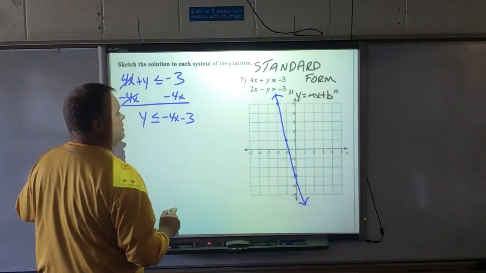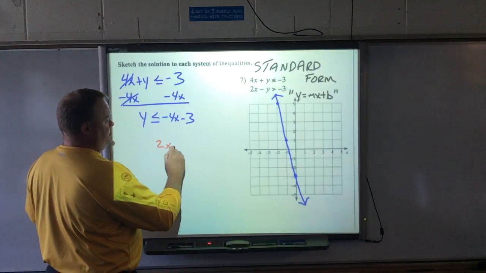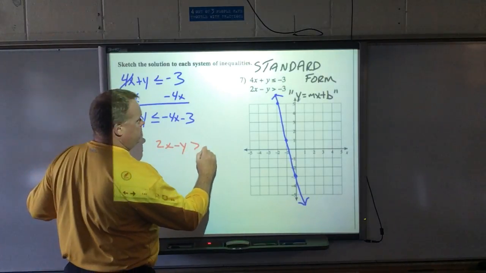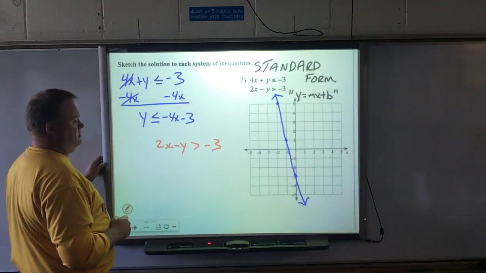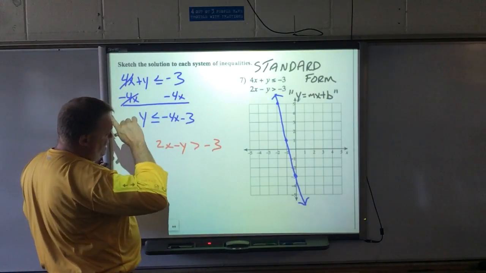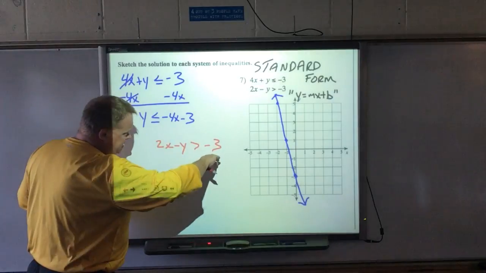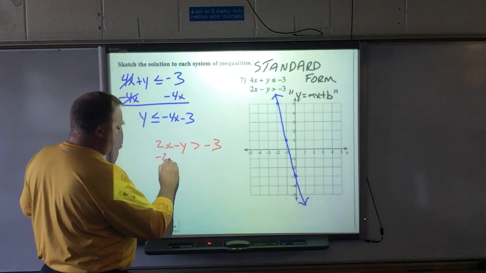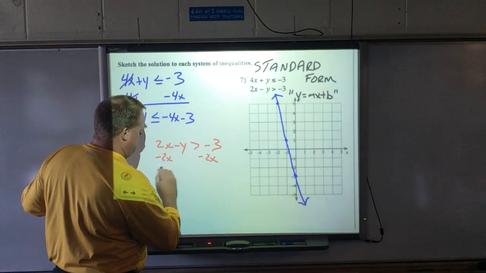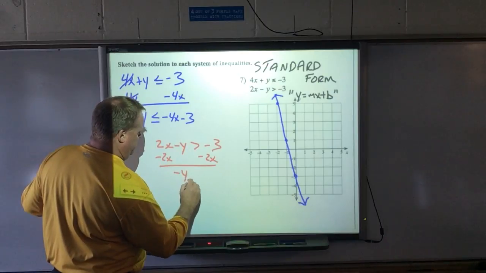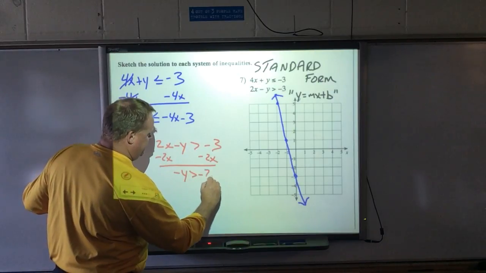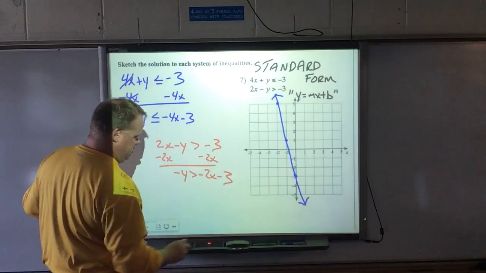The second one: 2x minus y greater than negative 3. Well, I need to move the x to the other side, which means I need to subtract 2x, leaving me at negative y greater than negative 2x minus 3.